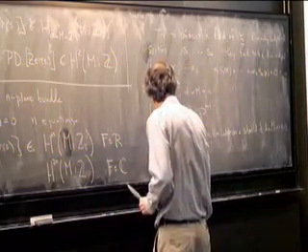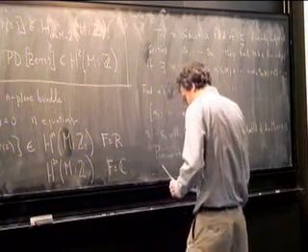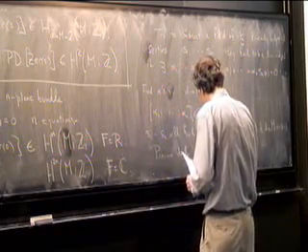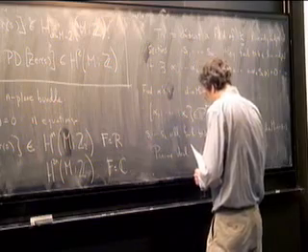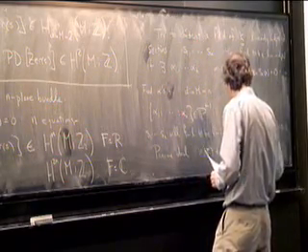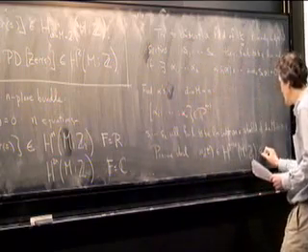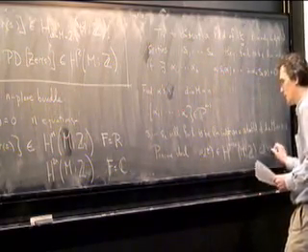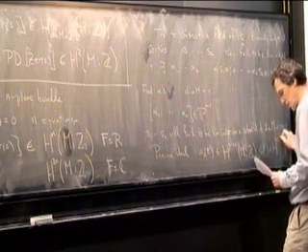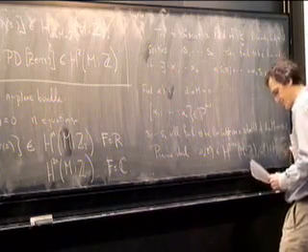And so the Poincaré dual will be either a Stiefel-Whitney class, Wk of E, in H n minus k plus 1 of m with Z2 coefficients, or Ck of E in H 2n minus 2k plus 2 of m with Z coefficients.